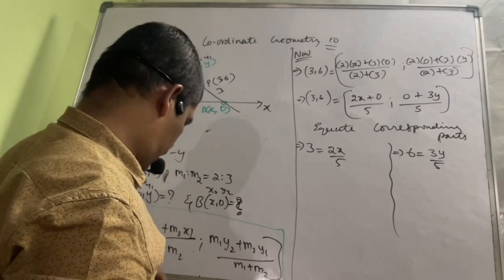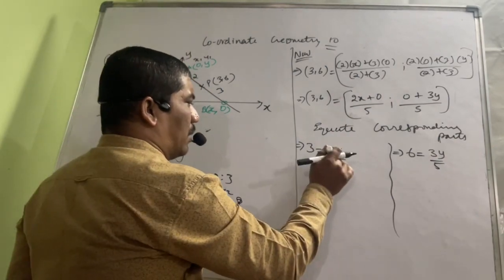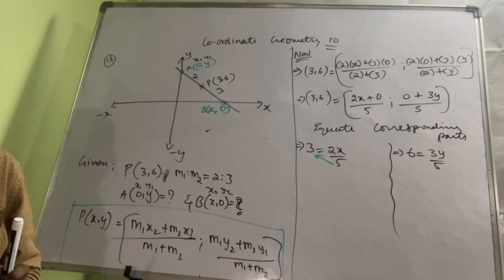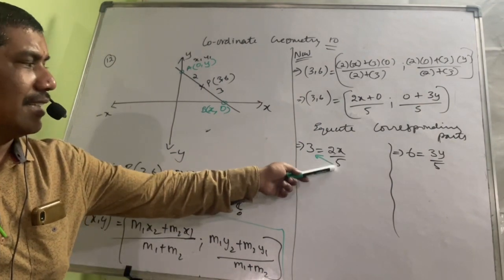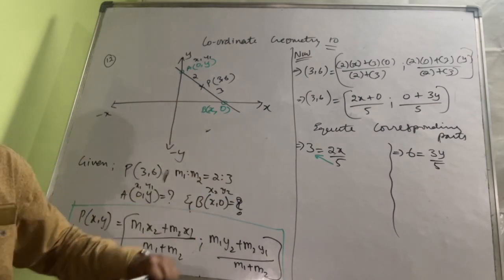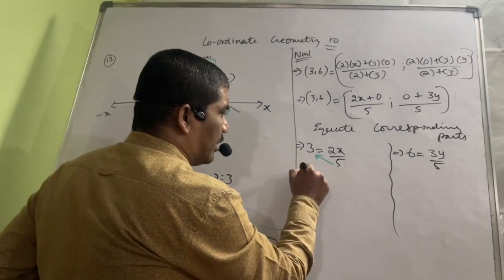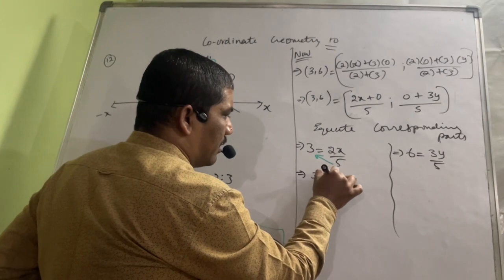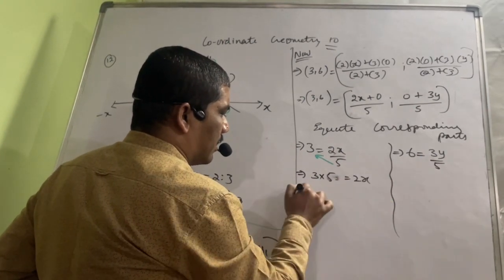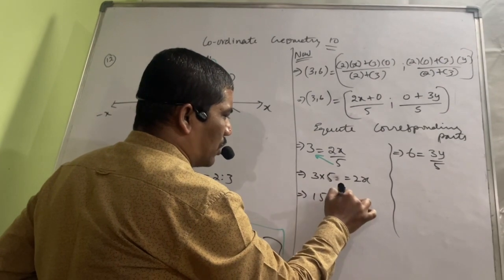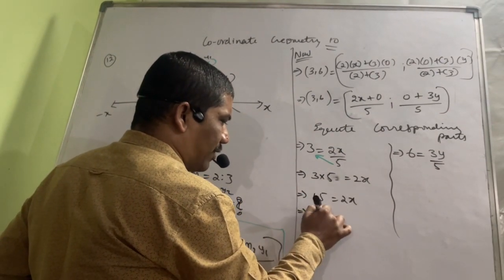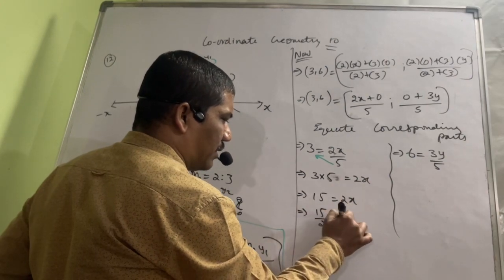Now 5 will go upside because it is in the denominator; on the left side it will become part of the numerator. Here it is in division, on the left side it will come as multiplication. Clear? 3 into 5 is equal to 2x. 3 into 5, 15 is equal to 2x. We need only x. So 15 will be here only, 2 will come here.